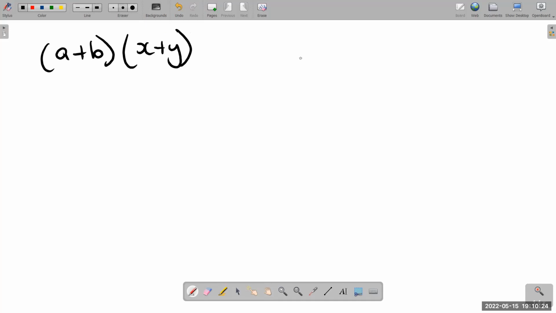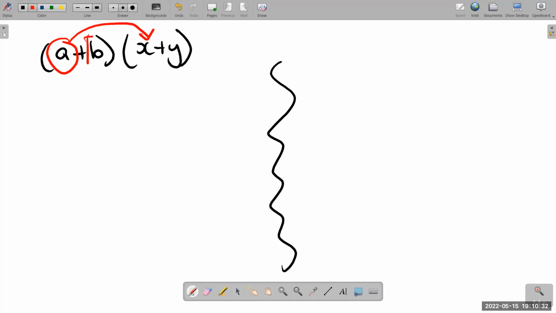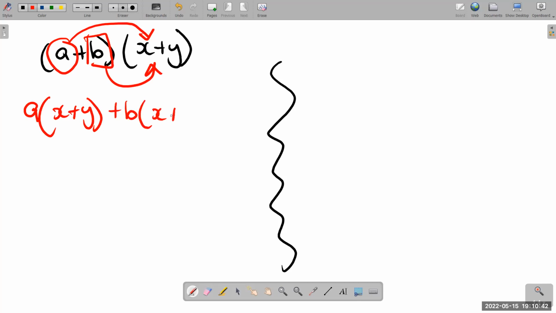So I'm going to do it both ways. This way requires you to take the first term multiplied by the whole bracket, and then the second term multiplied by the whole bracket. Y'all remember that? So it would be a times (x plus y) plus b times (x plus y).